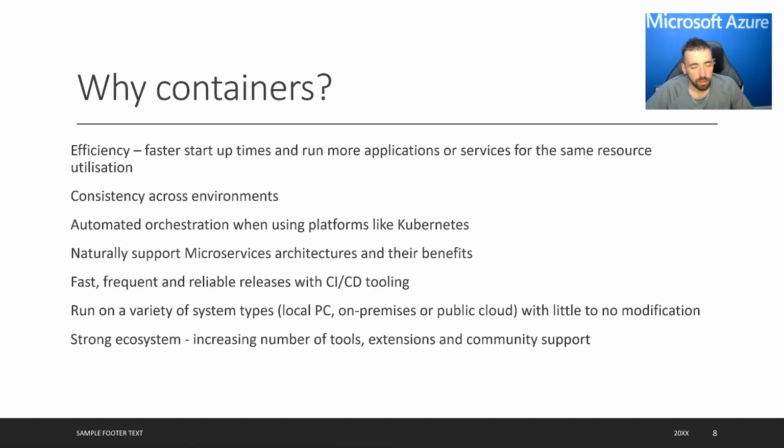We've then got, it's kind of an expansion of the configuration drift. It should run on a variety of system types, local PC, on-premises, and public cloud with little to no modification. So in the example of Docker, we've got a Docker file, same process for building a container, and we run it on our local PC, on-premises, and public cloud in the exact same way.